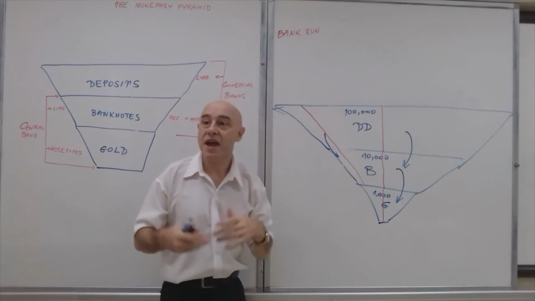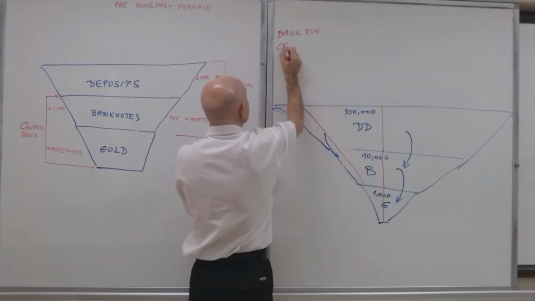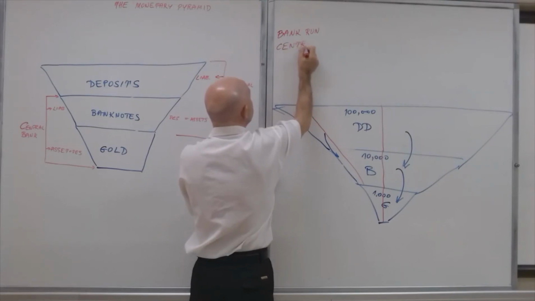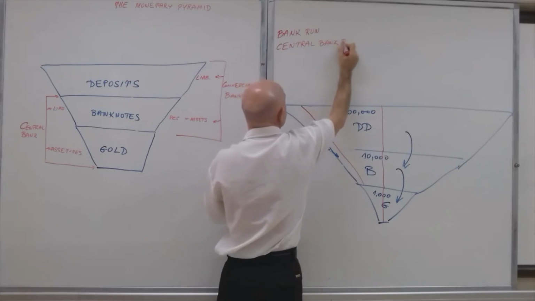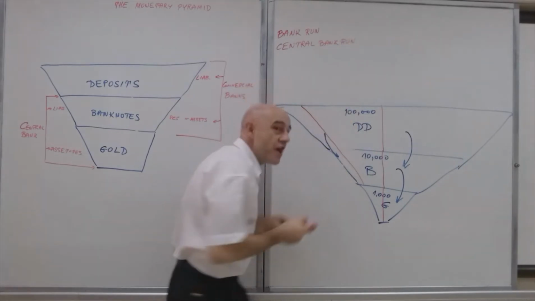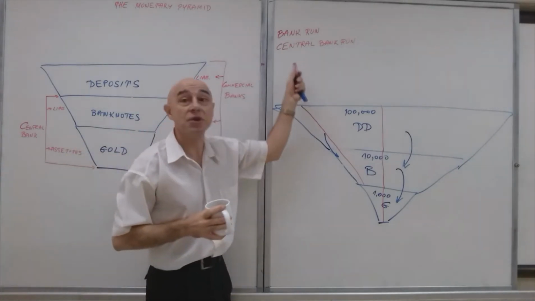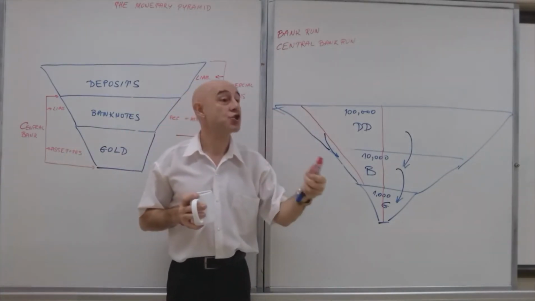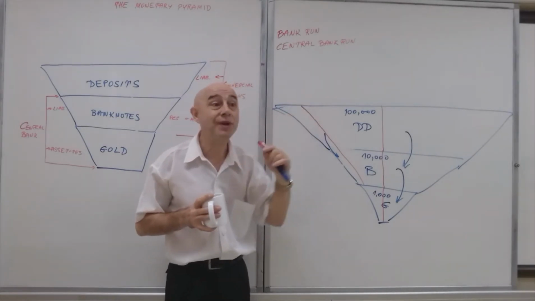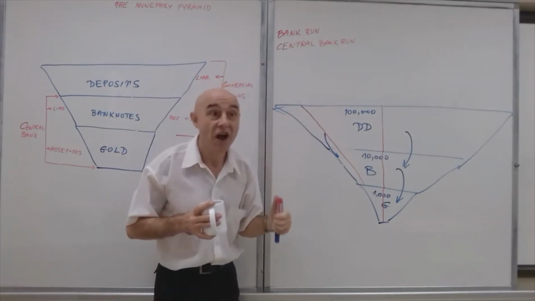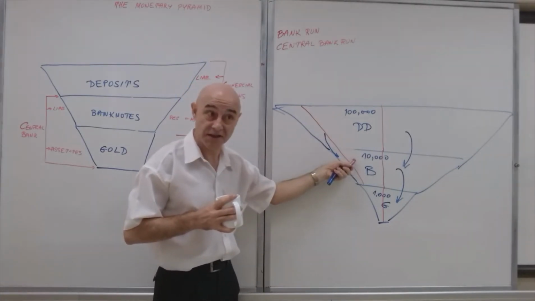Now, you may have the next phase. The next phase is called a central bank run. We are witnessing something very similar today in China, as we read before, where people are losing confidence first in the Chinese commercial banking system.